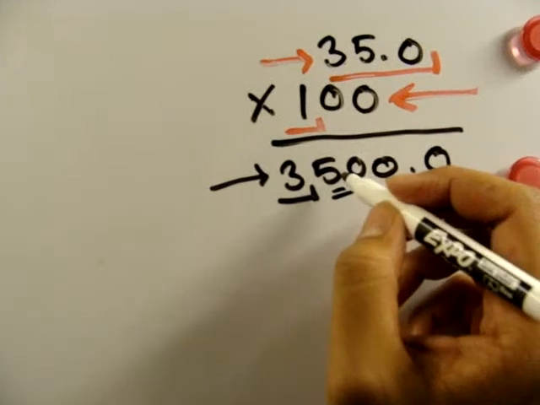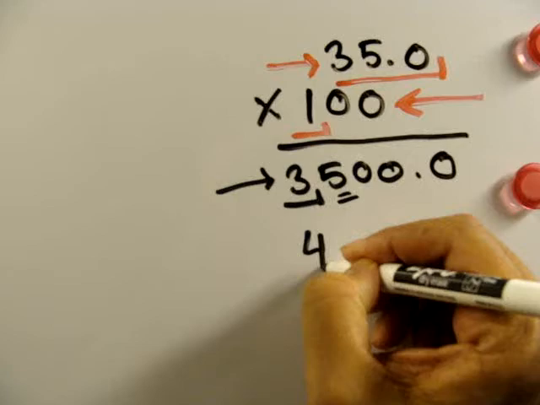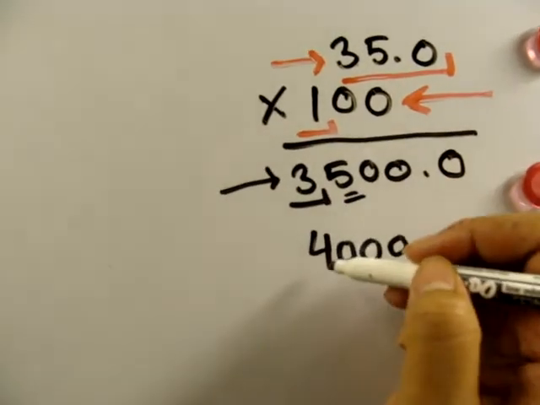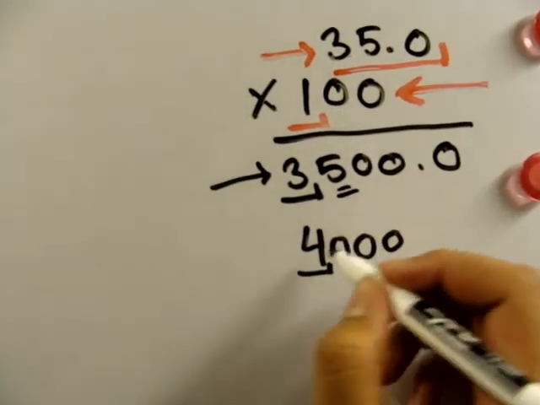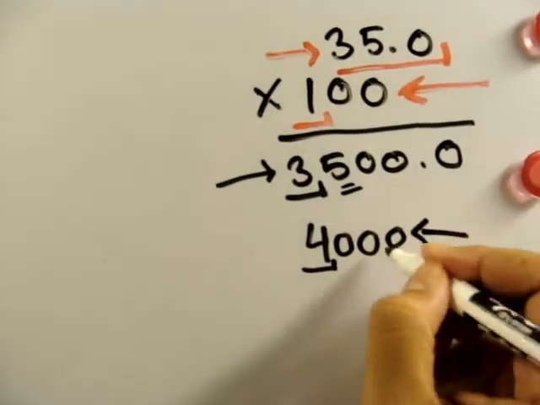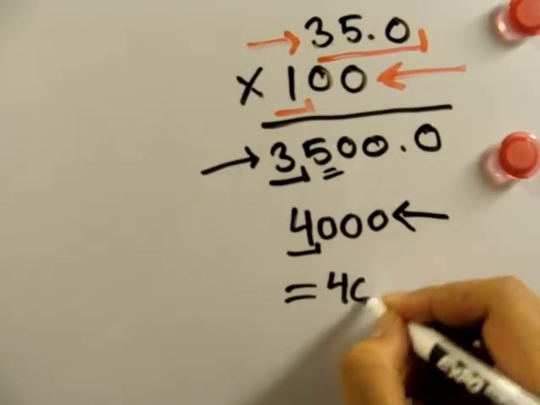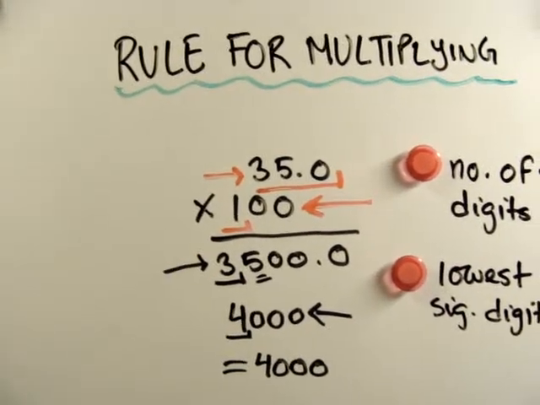But since this number is 5 or above, we're going to convert this 3 into a 4, and we're still going to maintain 1 significant digit because that's what we got from here. As you can see, there's no decimal place, so we move from this way. Zeros are ignored. 1 significant digit. So our final answer is 4000, and that's the rule for multiplying.